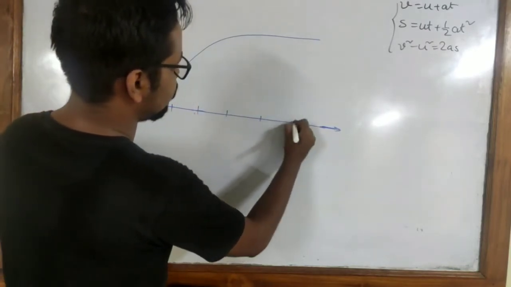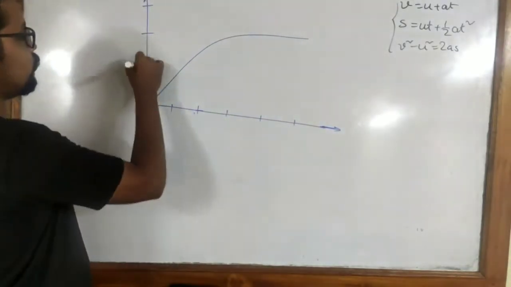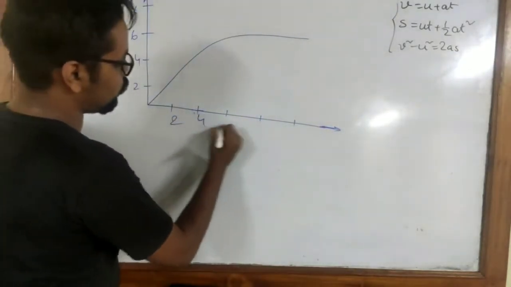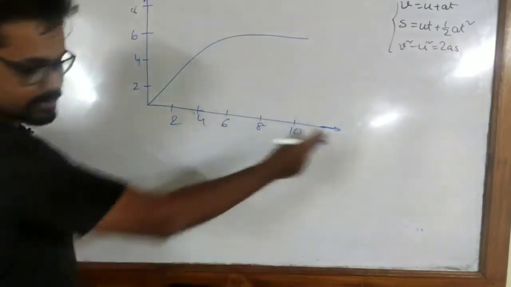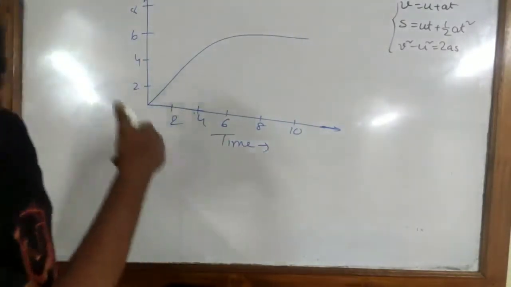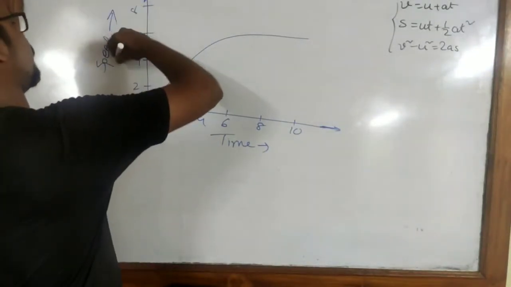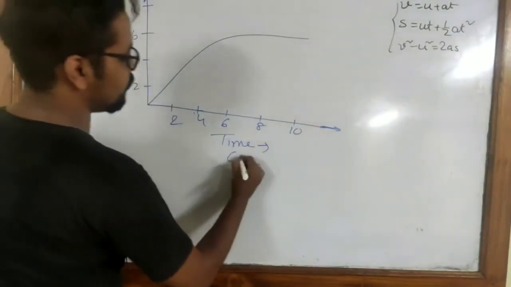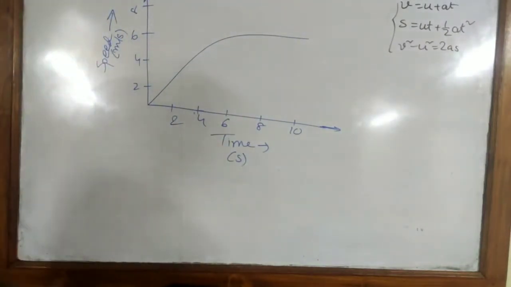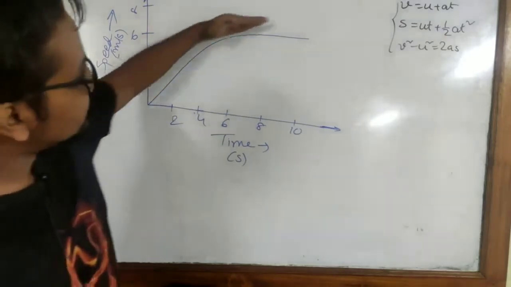This is our time, and that one is the speed. So this one is speed in meter per second, and time will be in second. So this is the speed time graph. The speed increases and then levels out.